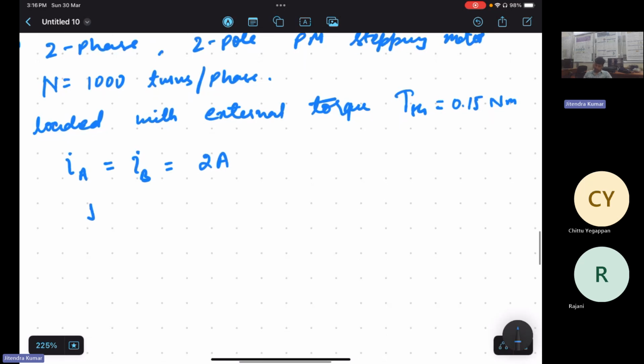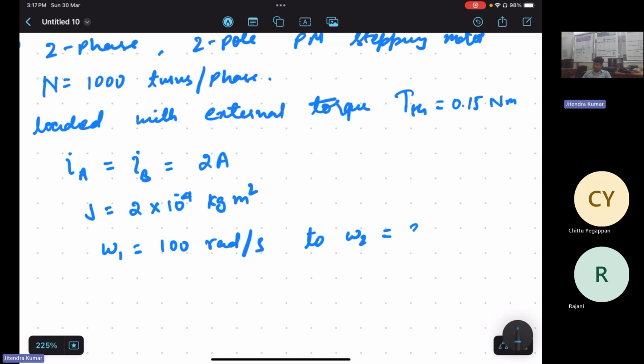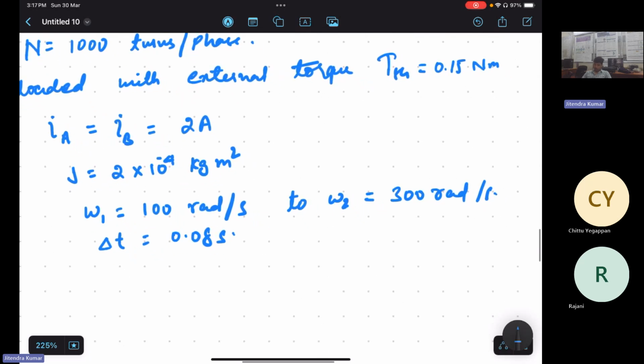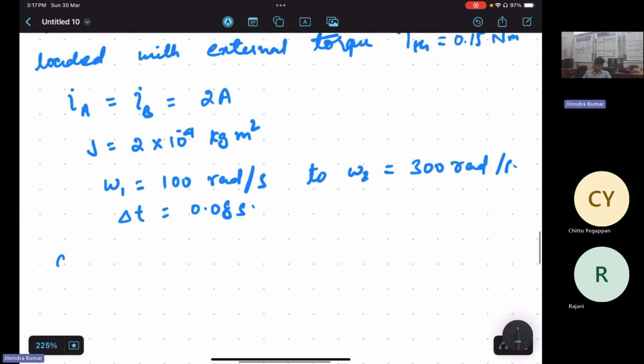Inertia is given 2 into 10 raised to power minus 4 kg meter square, and acceleration is applied from omega 1 equal to 100 radian per second to omega 2 equal to 300 radian per second. And the time period in which the acceleration is applied is 0.08 second. Now we have to find out the angular acceleration.